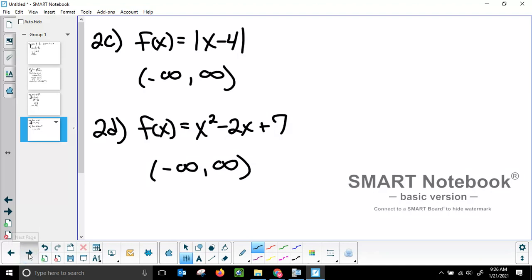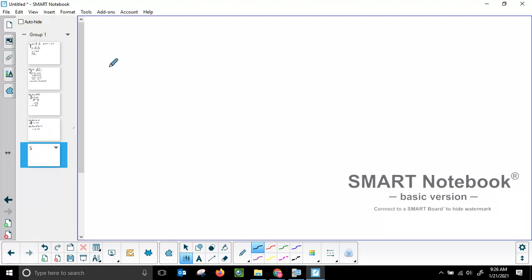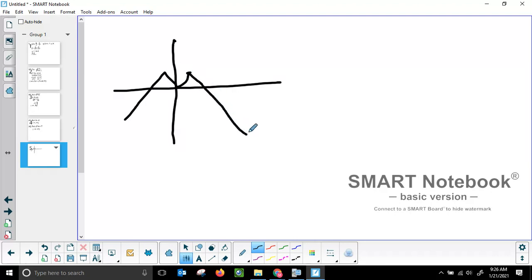All right, number 3 says to use the graph of f to find. All right, and I'll do just a kind of a rough sketch of the graph here. I won't really be super specific, but it looks something like this. That's obviously a little off, but you should all have it in front of you and understand what that looks like.